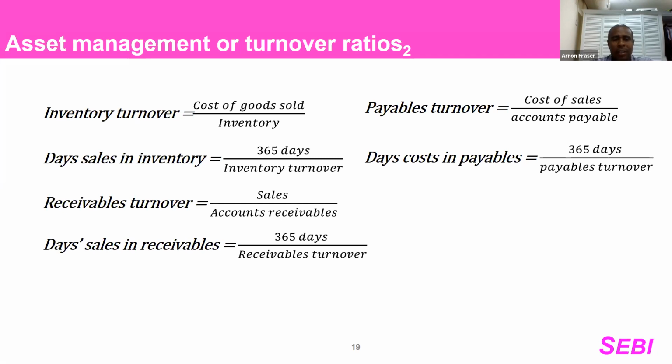The last one, a question: days sales in receivables, what would be the ideal thing? If we have 60 days and 35 days, which is better? 60 days or 35 days, as in days sales in receivables? 35.